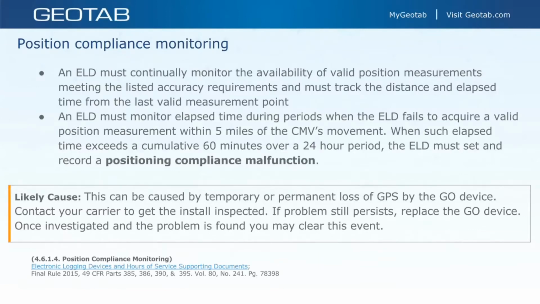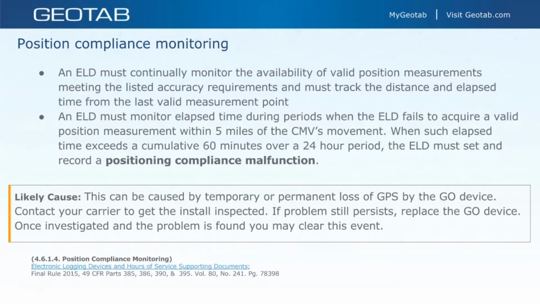You want to start with an inspection. So number one, make sure that it's installed correctly and plugged in all the way. Make sure, if it applies, that everything has a clear view of the sky, that there's nothing in the vehicle that might be blocking the signal. This might be something that you need to reach out to support or your reseller to troubleshoot.